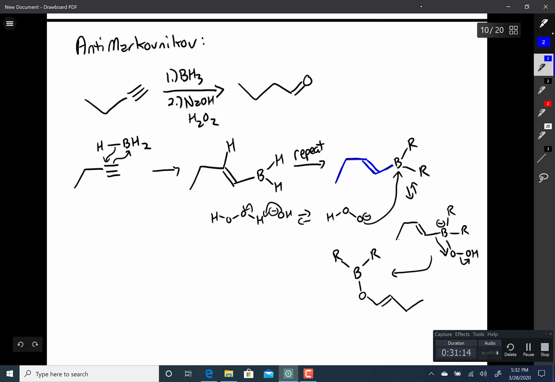Now the blue group was transferred over to the oxygen with the same stereochemistry. And then this process is repeated. Essentially what we've done is we've inserted an oxygen between the boron and the carbon.